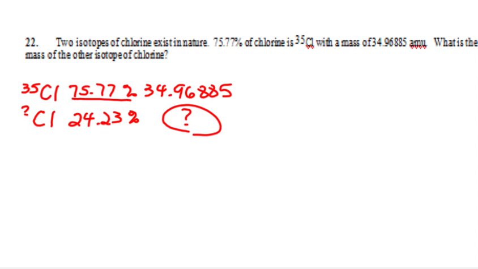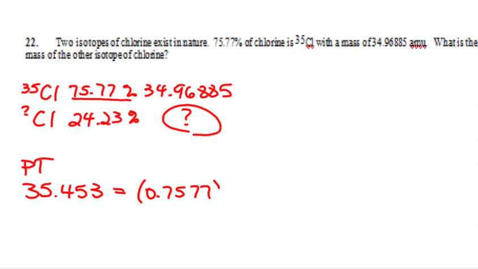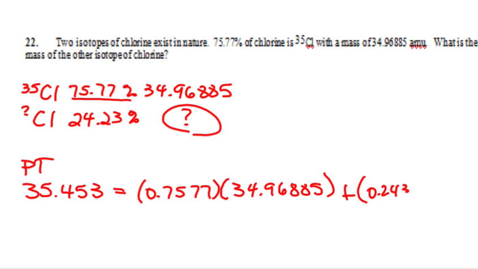So I take that from the periodic table, 35.453, and I set it equal to 0.7577 times 34.96885 plus 0.2423, what do I multiply that by? X. This is where I need y'all to hopefully be fast so people at home don't have to wait, since I can't pause anymore like I used to.